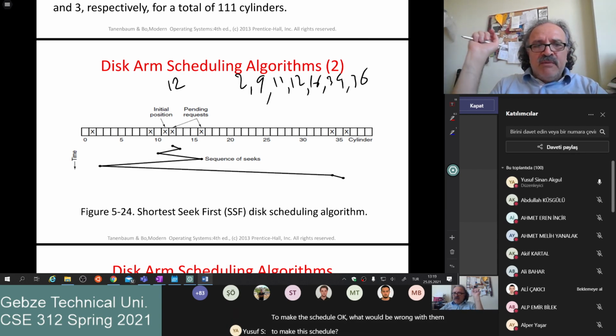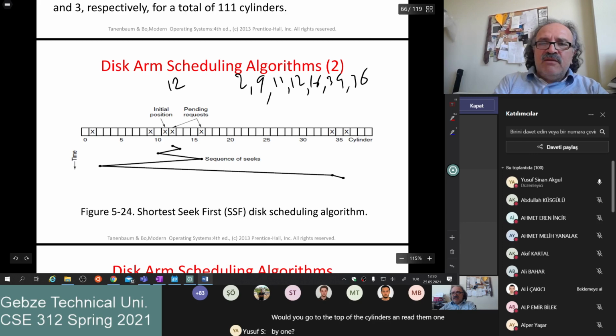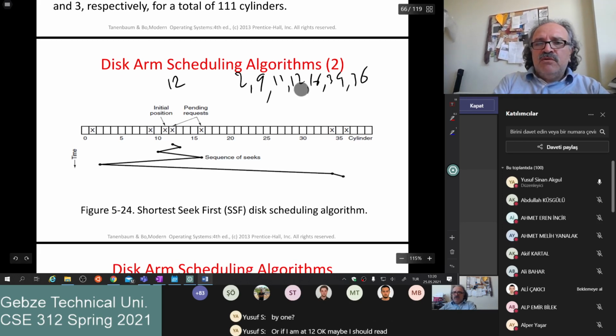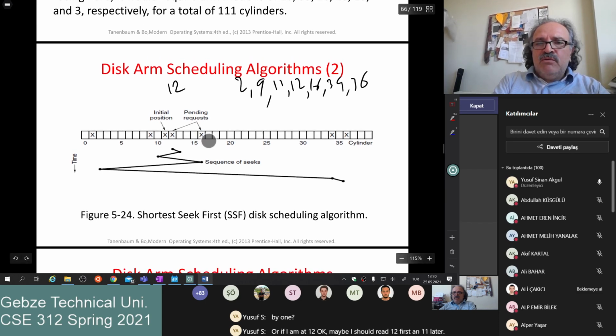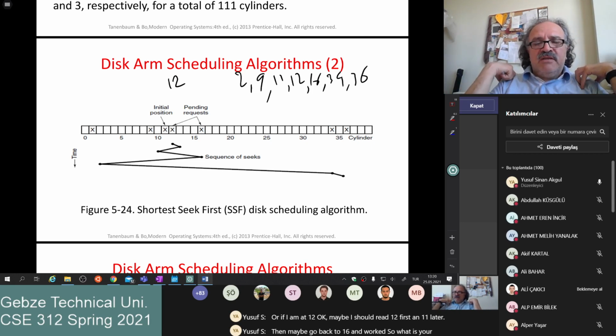Would you go to the top of the cylinders and read them one by one? Or if I am at 12, maybe I should read 12 first and 11 later, then maybe go back to 16. So what is your algorithm? There are many ways of doing this.